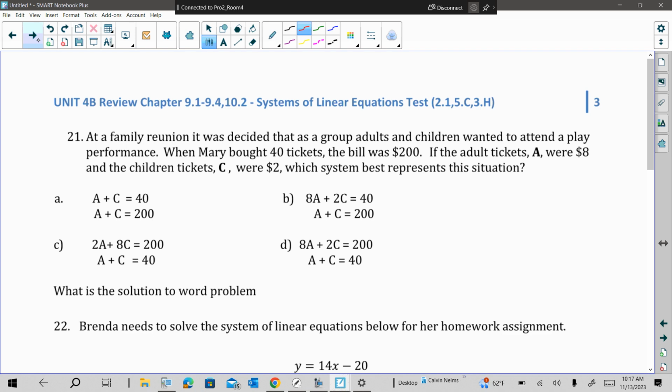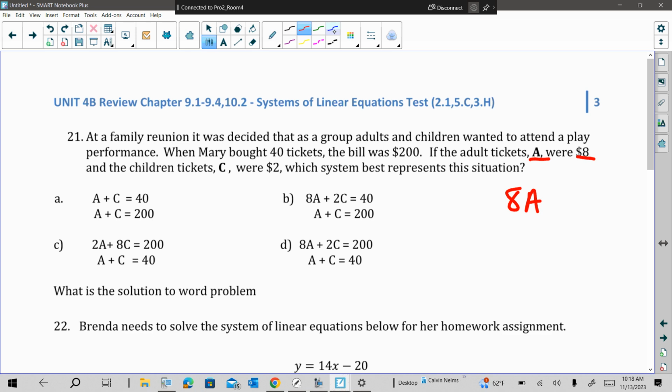21. It says we have a group buying adult tickets and children tickets, about 40 tickets, and the bill was $200. If the adult tickets A were $8 and the children tickets C were $2, which system best represents the situation? Since it's A and $8, that needs to be 8A.